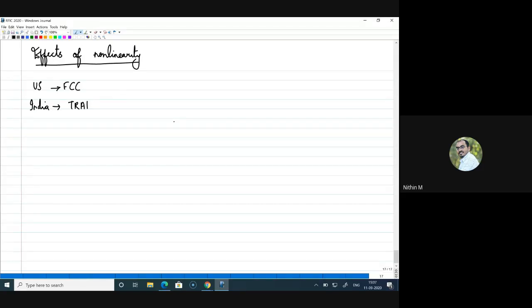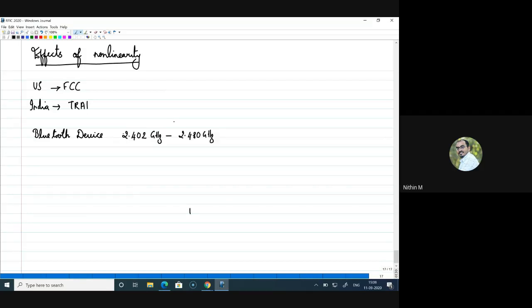Say, for example, we are using a Bluetooth device. If you look at a Bluetooth device, it operates in a band, exactly speaking 2.402 gigahertz to 2.480 gigahertz.